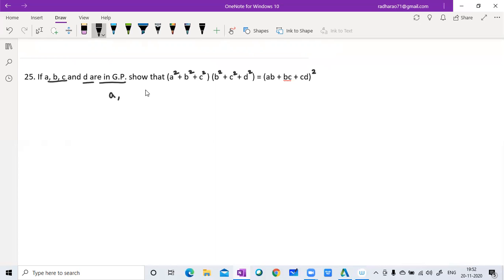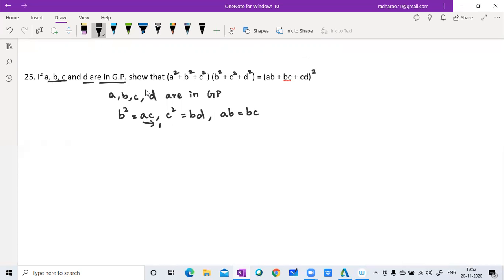So a, b, c and d are in GP, which means b squared is equal to ac, c squared is equal to bd, and ad is equal to bc.